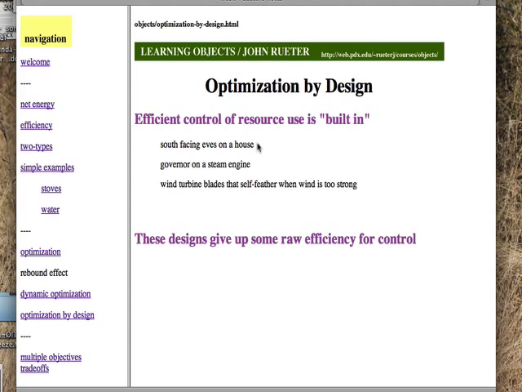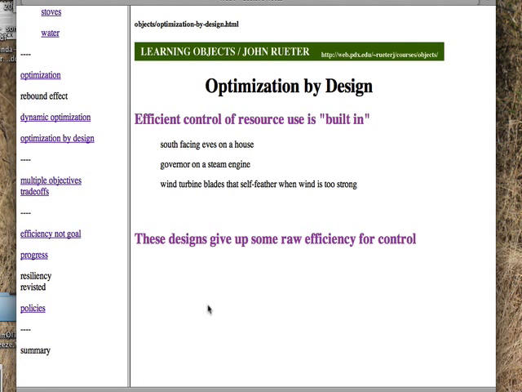Or if you wanted just the maximum output out of a steam engine, but risked having it blow up every once in a while, you'd have that governor off and run it as fast as you can. That would get the most power output per the energy in. So these are examples of giving up some of that raw efficiency for control and building that in. And this is really what we want to be looking for.